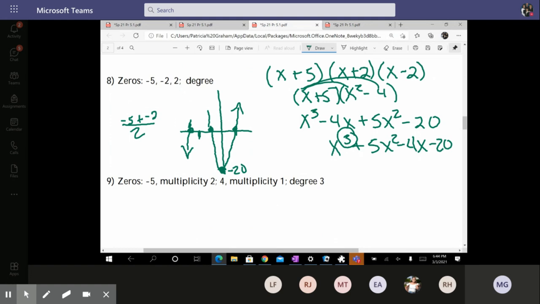And then negative 4 times negative 3.5, 14.